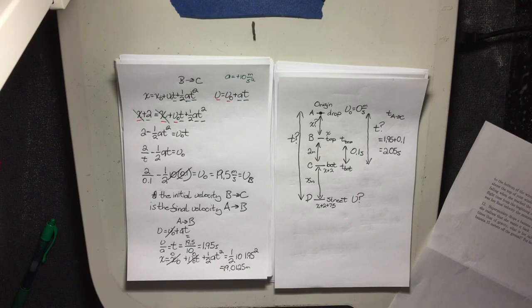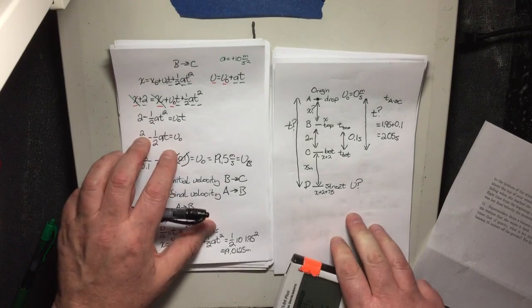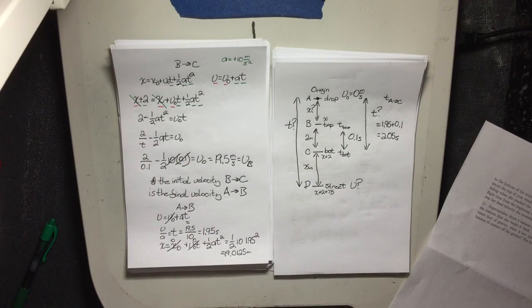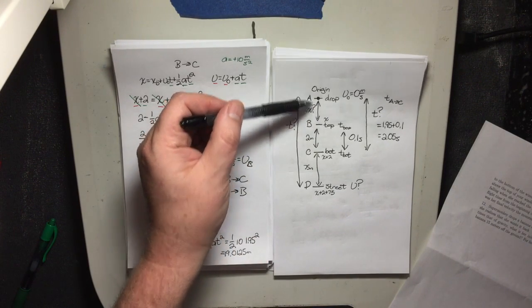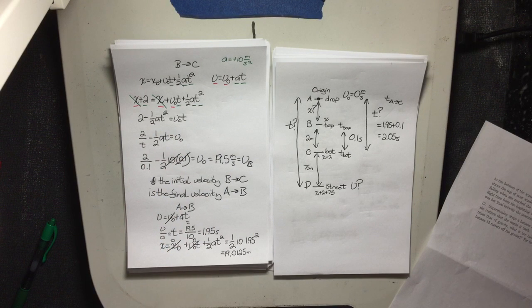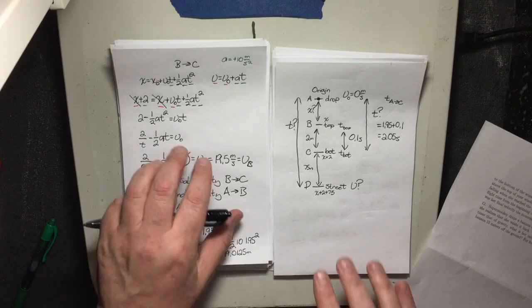Yes, this is a big difference from calculating distances and displacements from Memphis to Jackson. The more tools we have, the more complex questions we can answer. So the total time from the top to C is known. The total distance from A to B is known, which means now we know the height of the whole building.